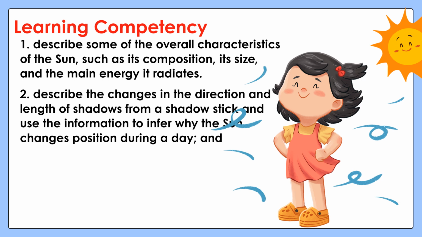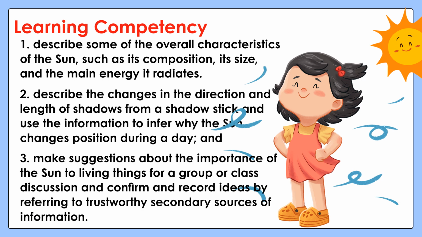Describe the changes in the direction and length of shadows from a shadow stick and use the information to infer why the sun changes position during a day, and make suggestions about the importance of the sun to living things for a group or class discussion, and confirm and record ideas by referring to trustworthy secondary sources of information.